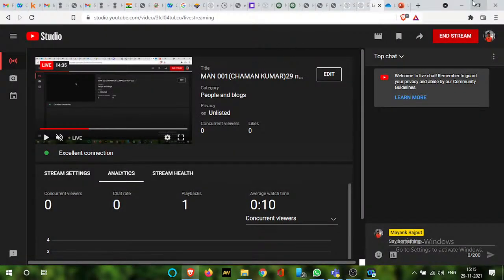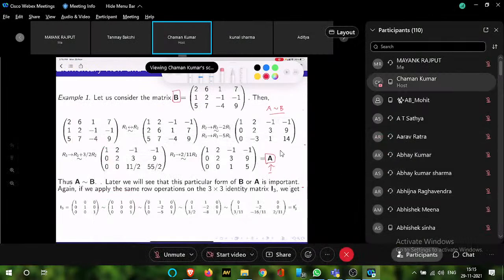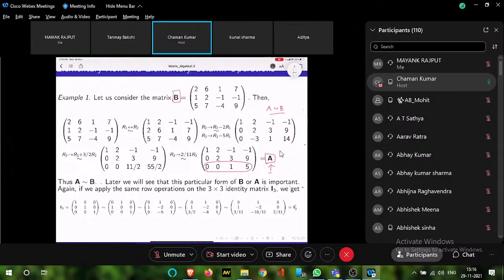That means if you start from matrix A and reverse this process, you multiply this third row by 11 by 2. So you get this one.